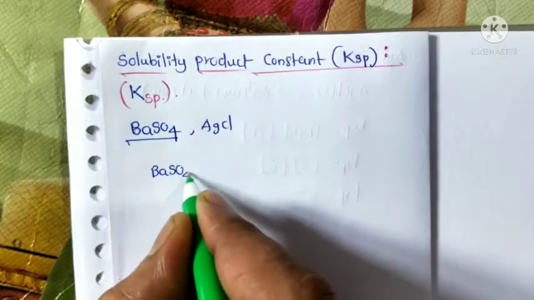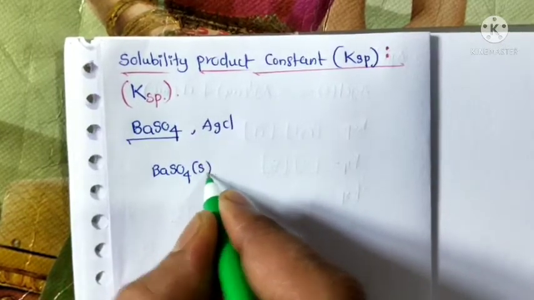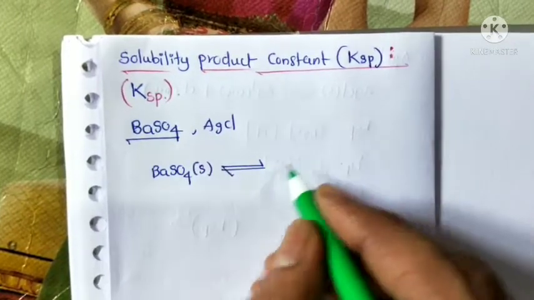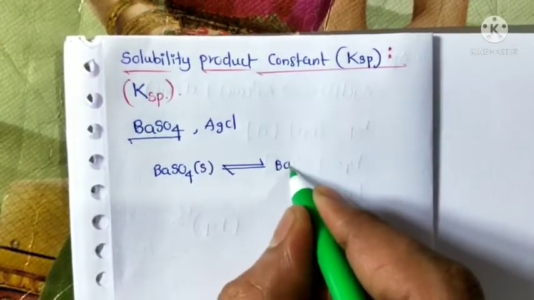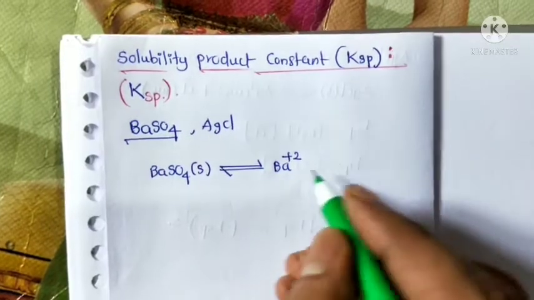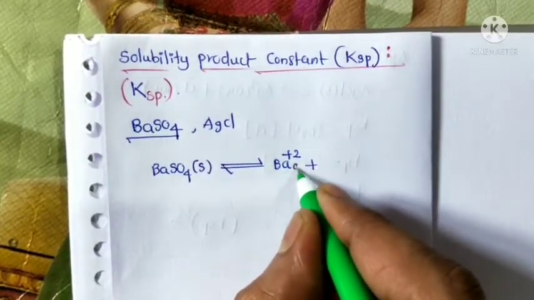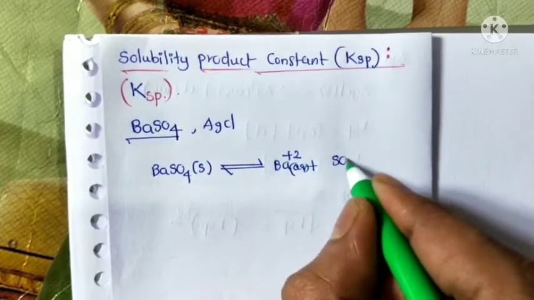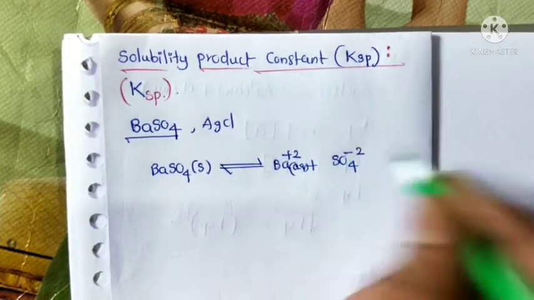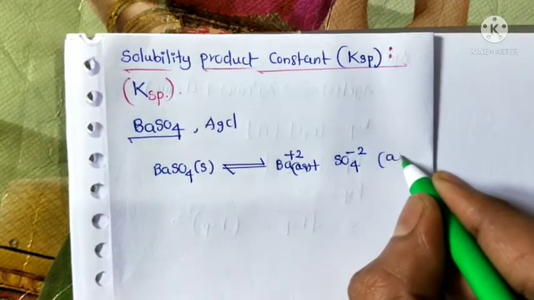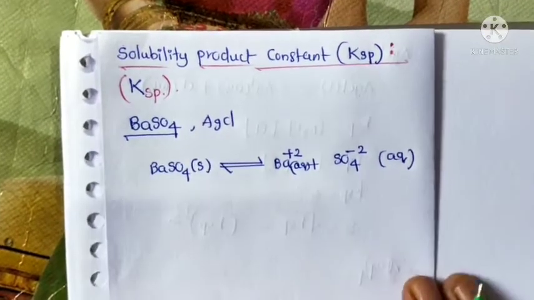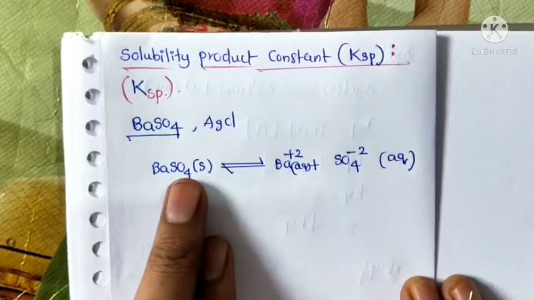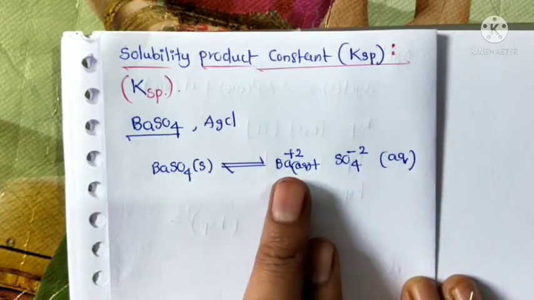So barium sulfate is in solid form. It dissociates into ions. Which ions? Barium ion, that is Ba 2+, aqueous. And the next one is sulfate ion, SO4 2-, aqueous. So the sparingly soluble salt dissociates into two ions.